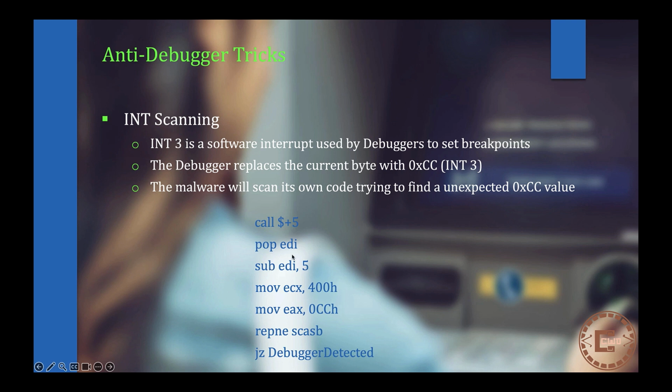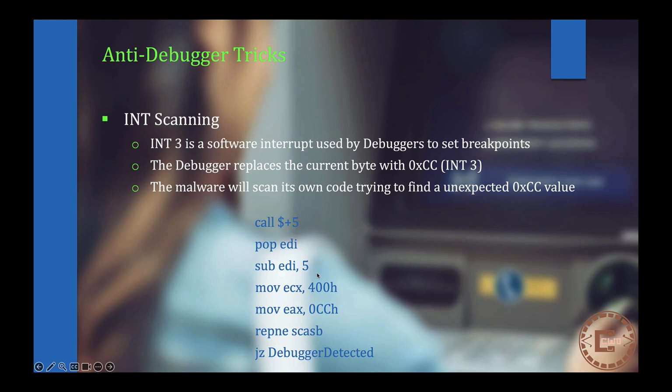Then it says subtract 5 bytes, meaning go back to the call right here. And then from there, set a counter in ECX of 400 hexadecimal. Move to EAX the byte CC, remember the interruption, and then start scanning until you find CC in the next 400 hexadecimal bytes.